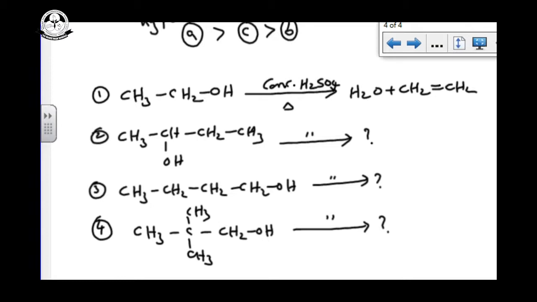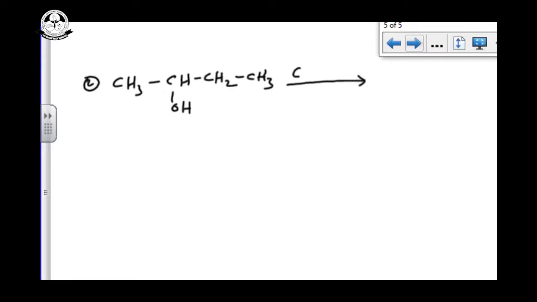Now, the first example was already explained clearly. Now I am taking the second example for our discussion: CH3, CH, OH, CH2, CH3, with concentrated sulfuric acid and heat.